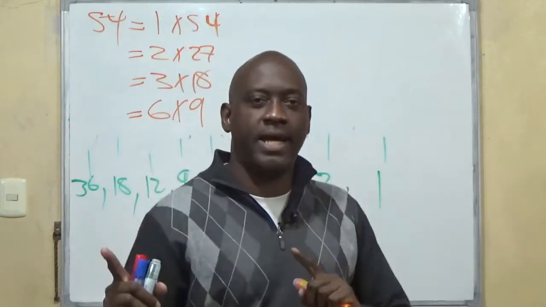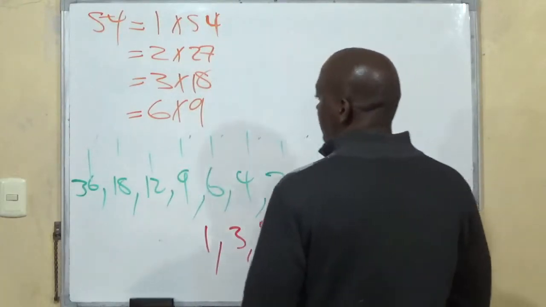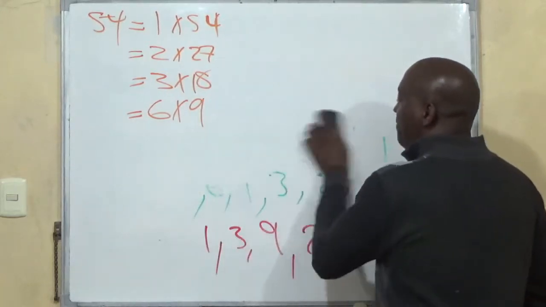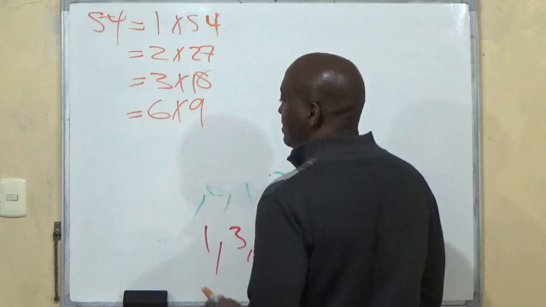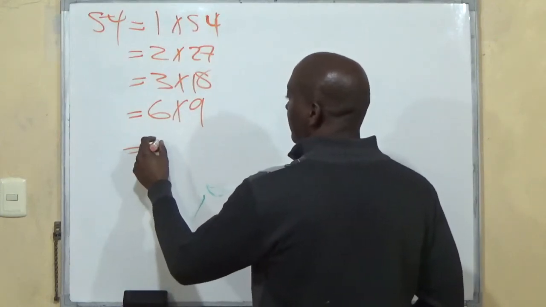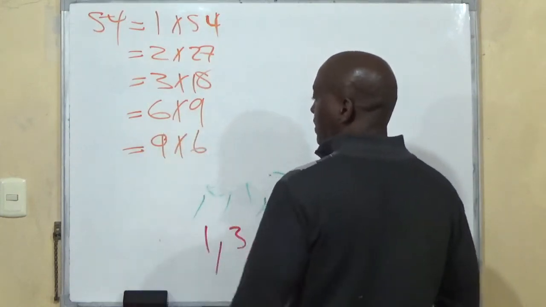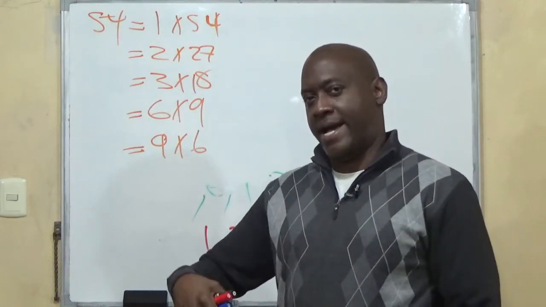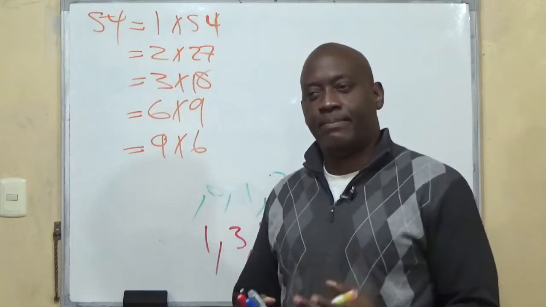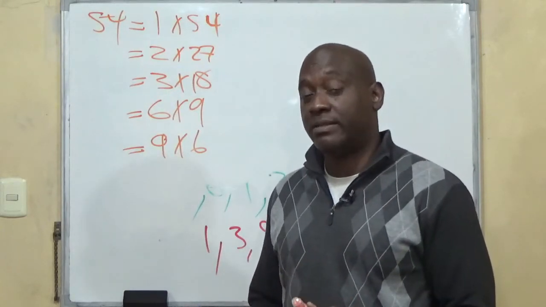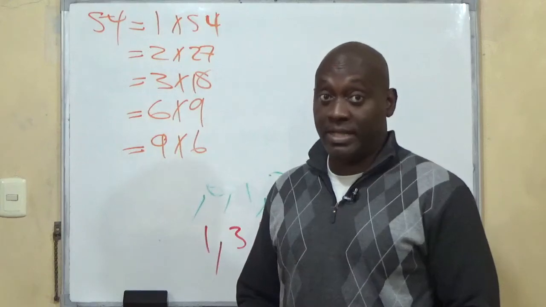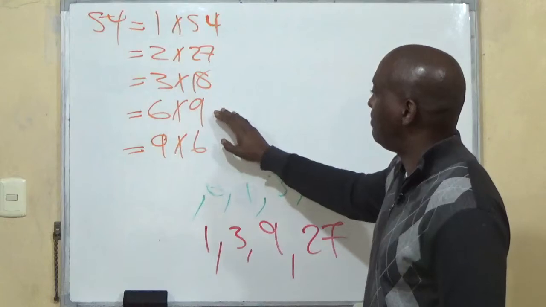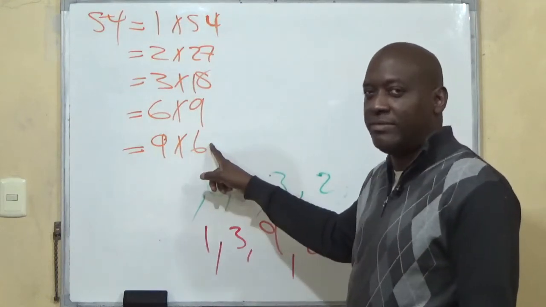8, no. 9, yes. So in other words, when you're listing the factors, you will eventually get to a point where the order is reversed. And you start to go back to the same pairs of numbers that you would have started with. So 1 by 54, 2 by 27, 3 by 18, 6 by 9, and then we reach 9 by 6. So you don't have to go any further than that.